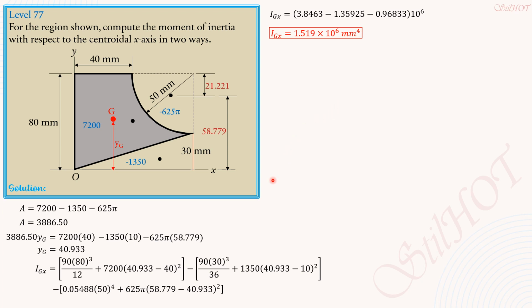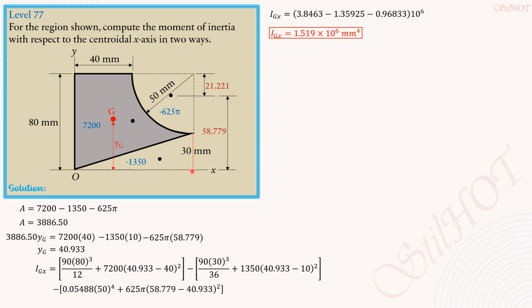For the second solution, let's solve for Ix and equate it to IGX plus area YG square. For the rectangle, BH cube over 3, because this is the base of the rectangle and it coincides with the x-axis. For the triangle, BH cube over 12, because the base of the triangle also coincides with the x-axis.